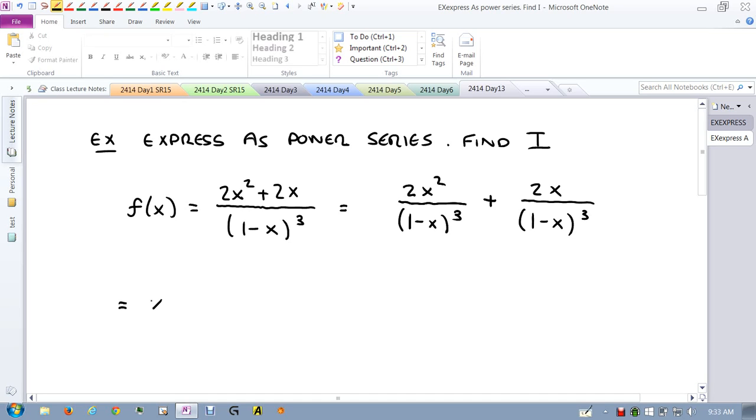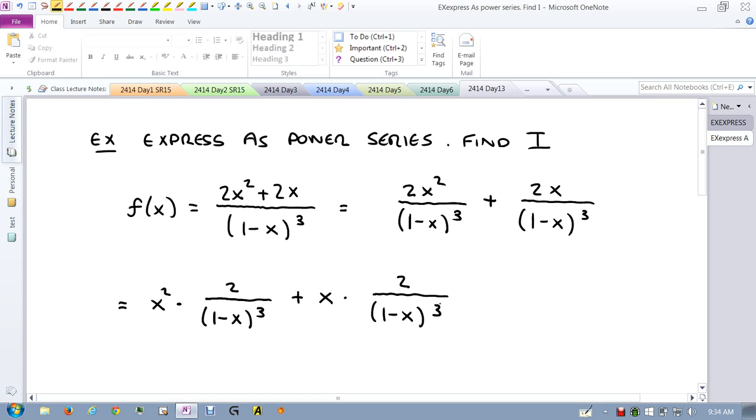Because I can write x squared, pull that out, and then 2 over (1 minus x) cubed, and then plus x times 2 over (1 minus x) cubed. You with me?